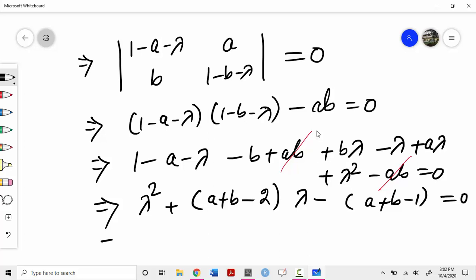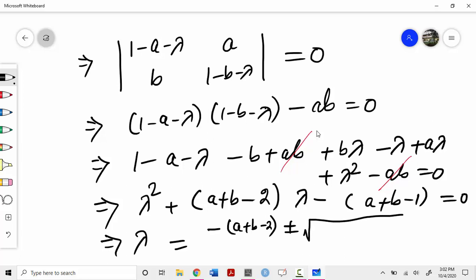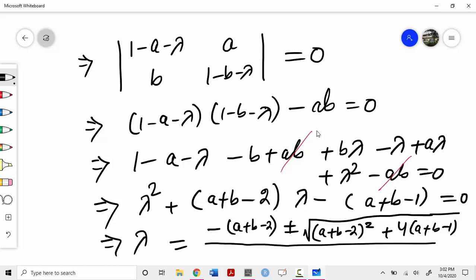Now this implies lambda equal to minus (a plus b minus 2) plus minus root over (a plus b minus 2) whole square plus 4 into (a plus b minus 1), divided by 2.